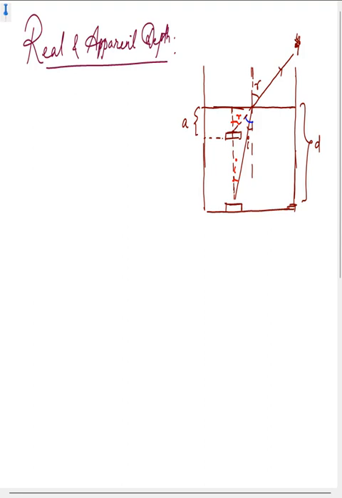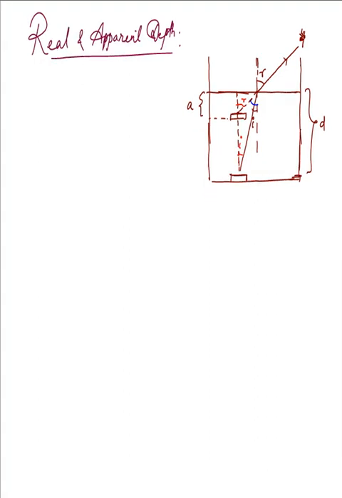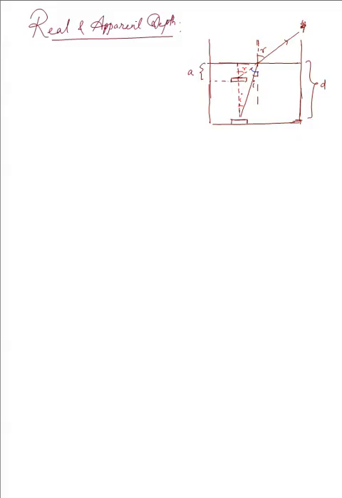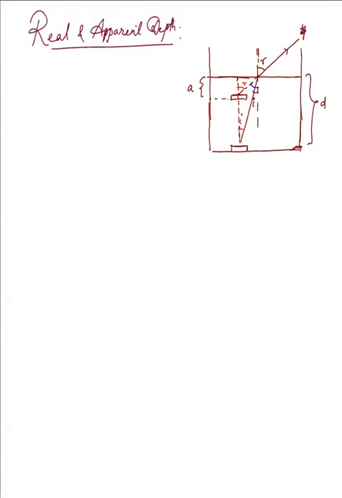Now, if you look at that, I'll be naming the sides over here. So this is probably O, this one's A, this one is B, and this one is C.